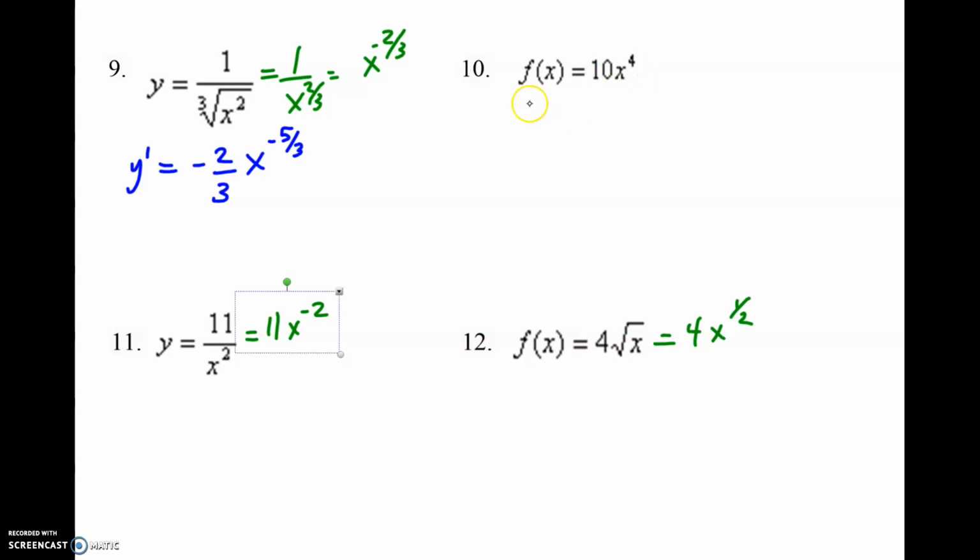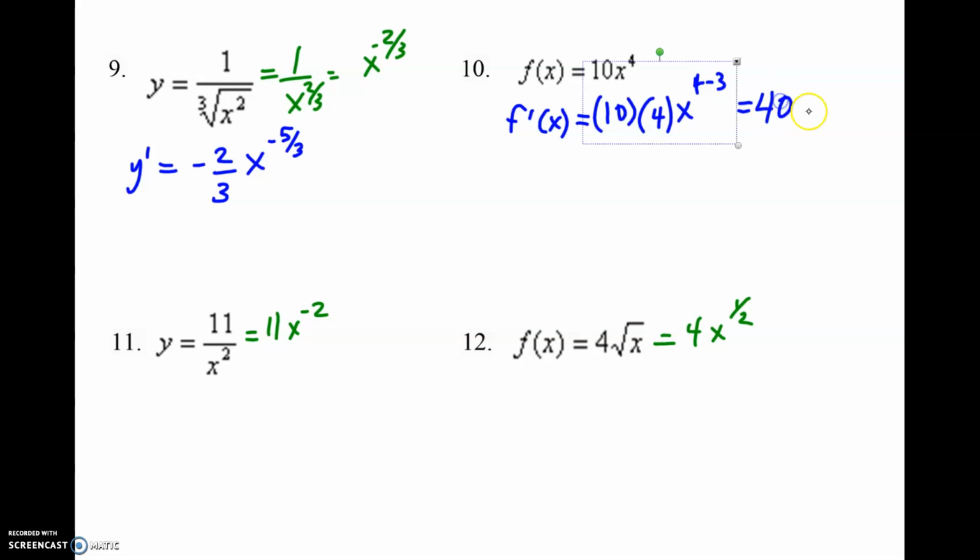Here it's already in the form we need, so f prime, or the derivative, or the equation of the tangent line to f of x is going to equal 10 times 4. You could write 40 there, I'm just showing you, and 4 minus 3. It's going to equal 40 x to the power of 3. Oops, 4 minus 1 here, I'm sorry.